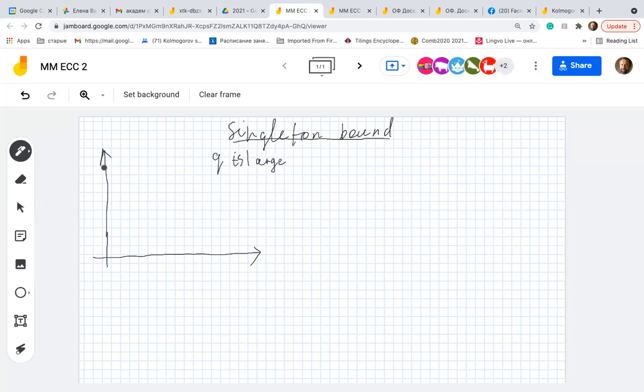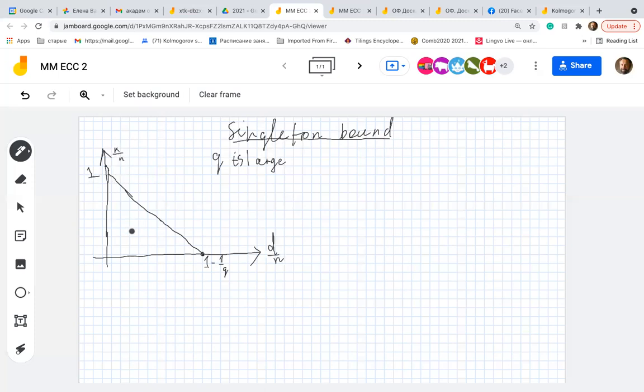Then it looks like that. It starts from 1 and it reaches the x-axis in a point which is very close to 1 again. More precisely, this point is 1 minus 1 over q. But if q is large, this is almost 1. So this is the d over n axis. This is the k over n axis.